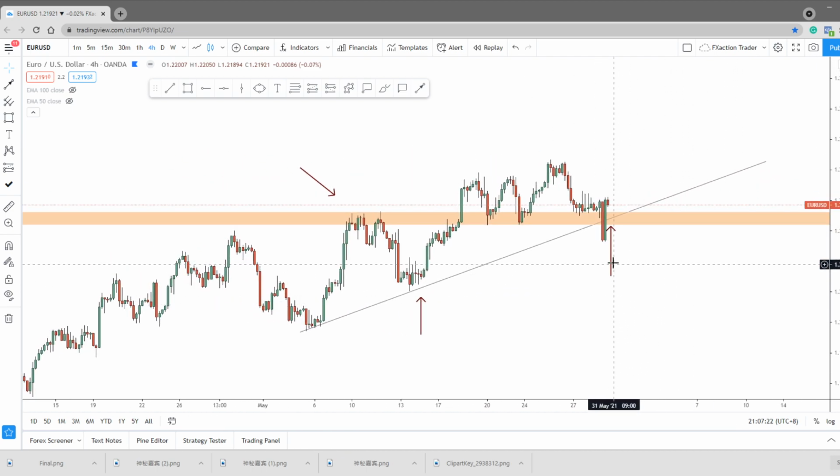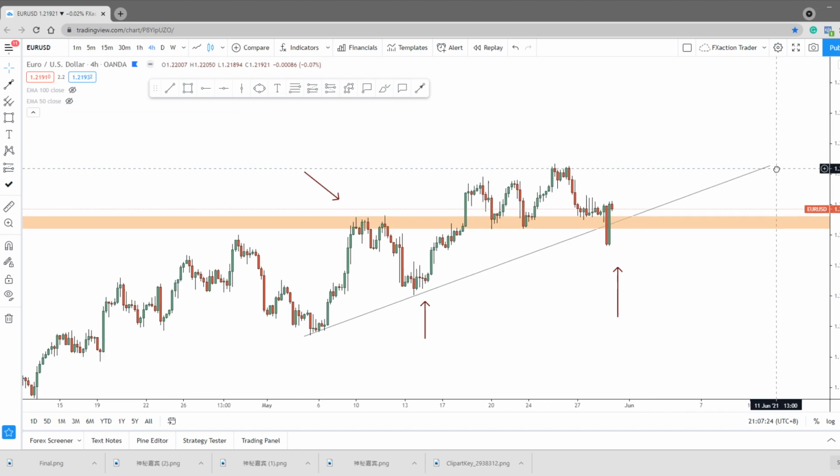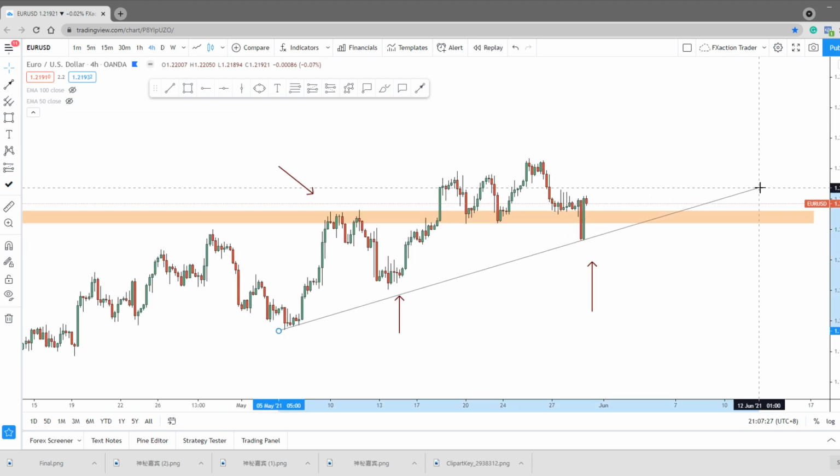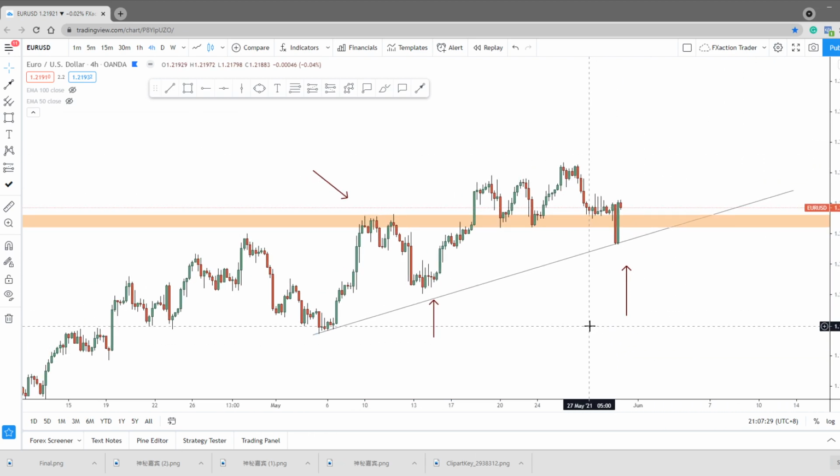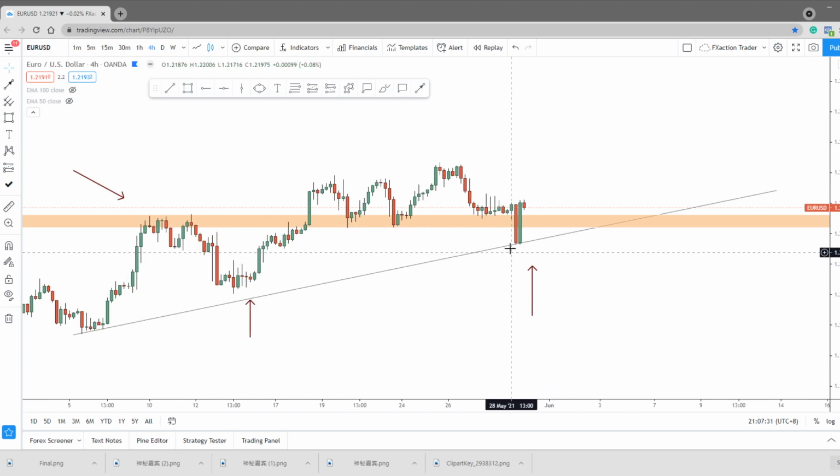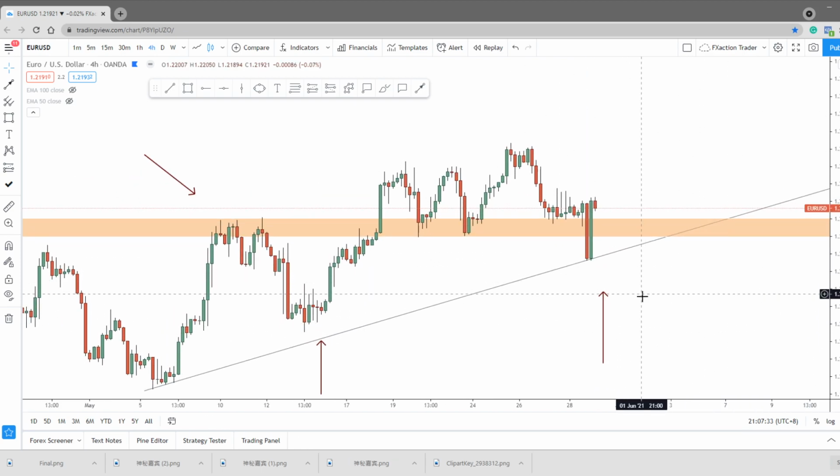Alright, so let us adjust our trend line, and boom, what we got is a very beautiful uptrend, and this uptrend is going to continue as shown by this candlestick pattern, which is a tweezer pattern on the H4 chart or a doji pattern on the daily chart.